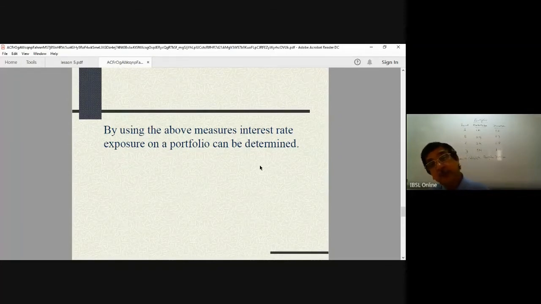Now, for example, if you have 3 portfolios and one portfolio's duration is only 1, the second portfolio's duration is only 1.5, whereas the third portfolio's duration is 6. Now, it's a rather difficult task. When you have a duration of 6 for a certain portfolio, that means it will have a high exposure to interest rate variations. Because if an interest rate variation happens, there will be a big price drop in that particular portfolio, and that price drop is reflected as a loss.